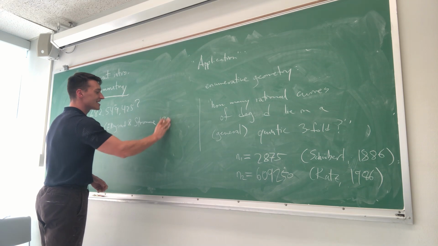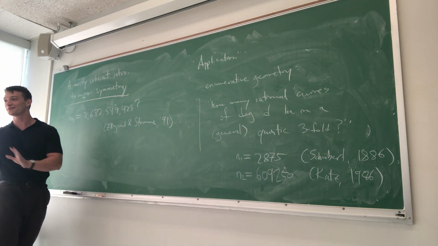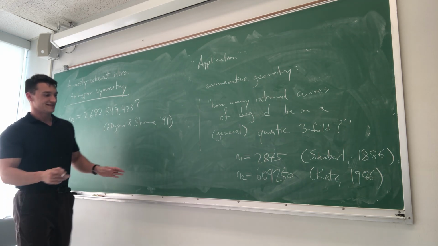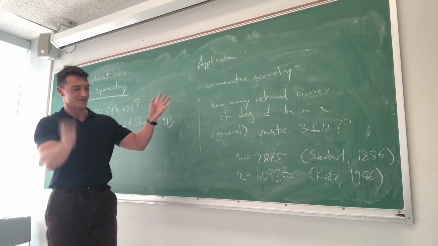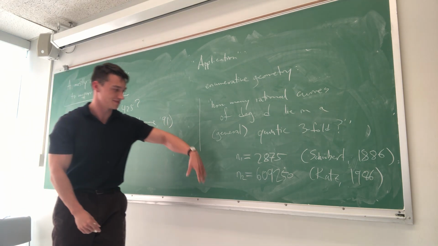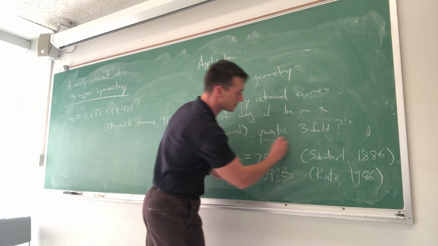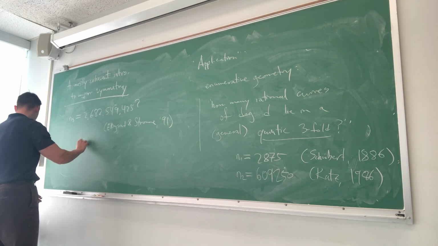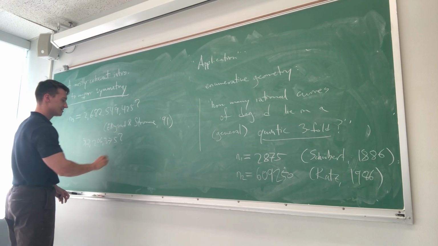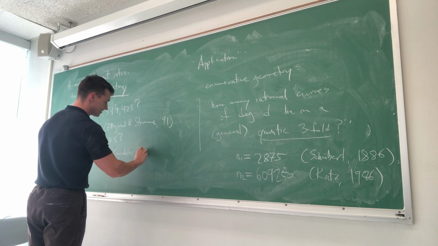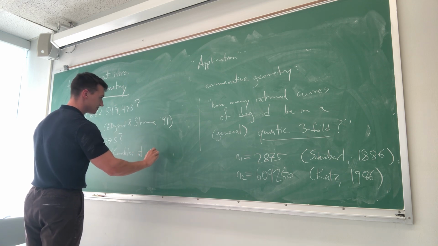But string theorists were interested in this problem for their own purposes, because when you try to do this sum over instantons thing, you end up trying to count curves of this type in the quintic threefold, which is a Calabi-Yau threefold. And they came up with a different number. This is Candelas again, and a few collaborators, also in 91.